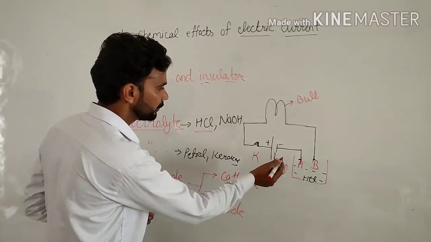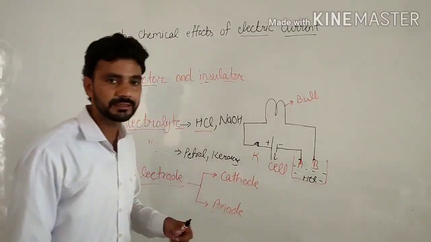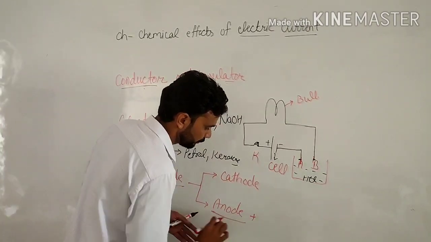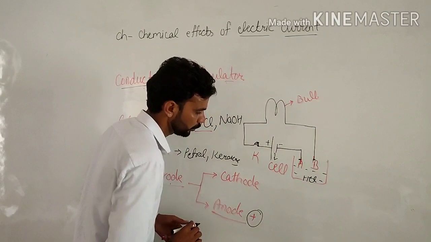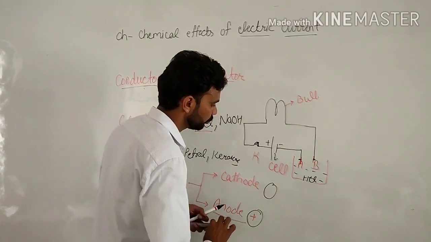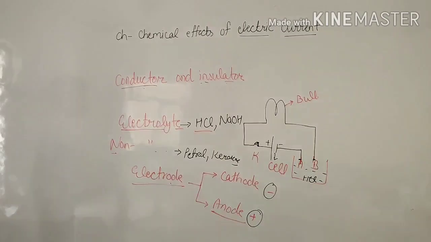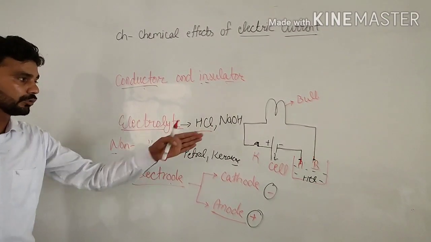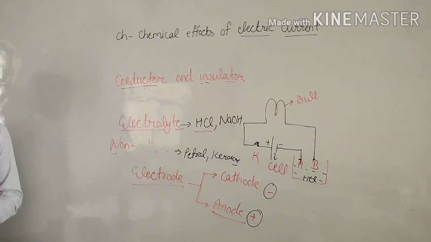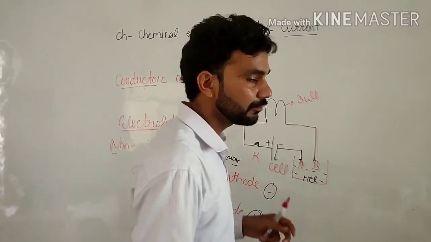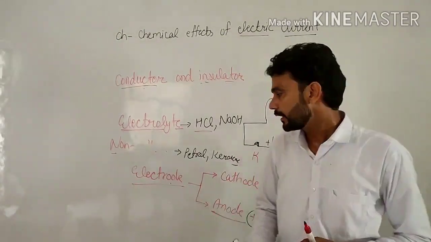The metal wire which is connected to the positive terminal is known as anode, and the electrode which is connected to the negative terminal is known as cathode. The metal wire connected to the positive terminal of the cell or battery is the anode, and the one connected to the negative terminal of the cell or battery is the cathode.